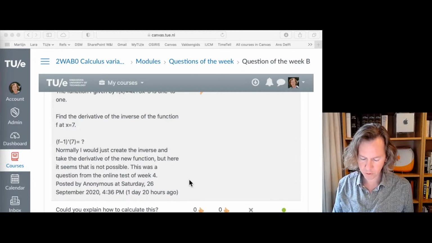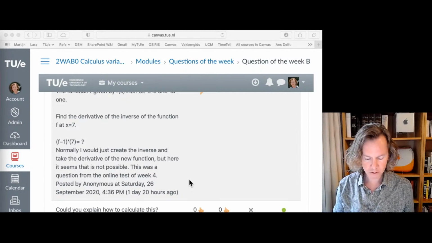I'm not going to do the full question here, but the basic idea is that if you have f and g, where f inverse is g, or g inverse equals f, then we have seen last time that if you use f(g(x)) equals x, saying that they're each other's inverses, and you differentiate that, I get f prime of g(x) times, by the chain rule, g prime of x equals 1, and then g prime of x equals 1 over f prime of g(x).